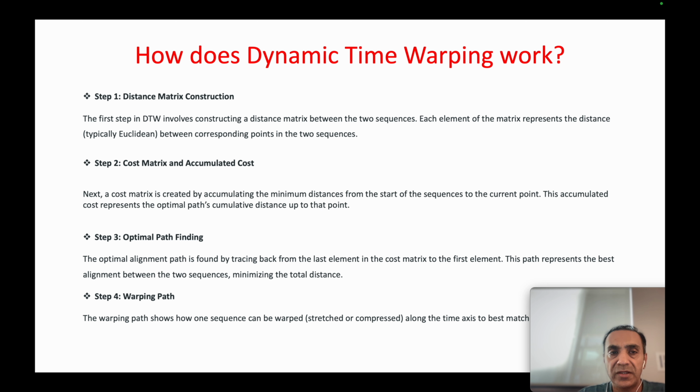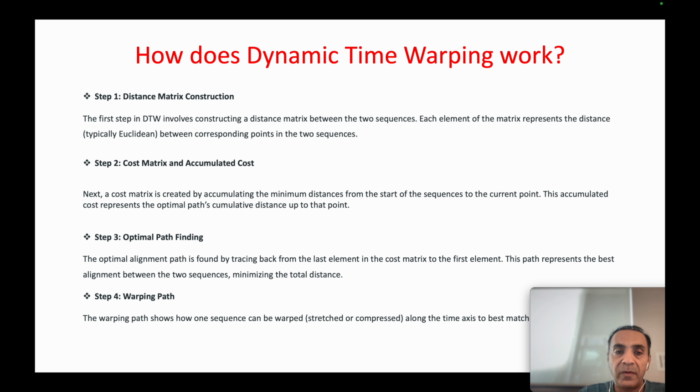Once we construct the distance matrix, we construct the cost matrix and calculate accumulated cost. Next, in this method, a cost matrix is created by accumulating the minimum distances from the start of the sequences to the current point. This accumulated cost represents the optimal path's cumulative distance up to that point.